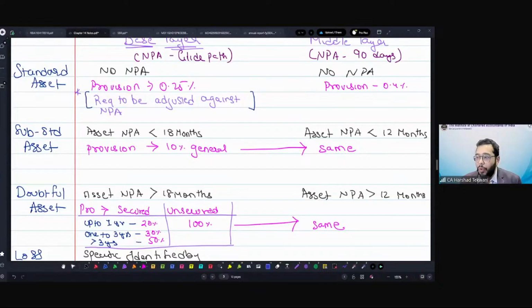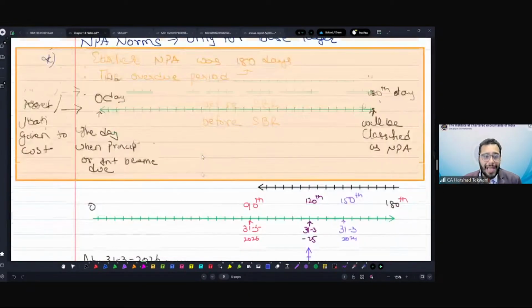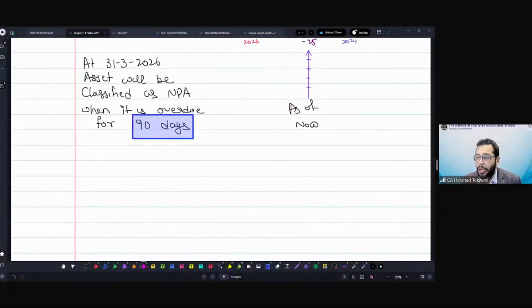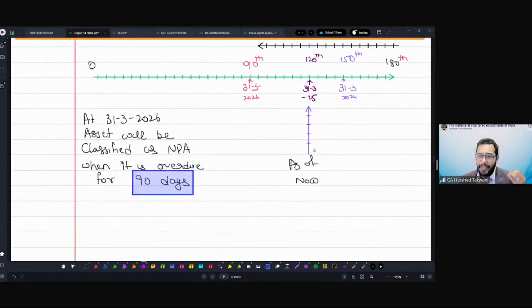Now there is one more requirement, known as the SMA reporting requirement. I'll explain what SMA is. First understand why this requirement is there. Till the time an asset has become an NPA, I have to wait till 90 days.